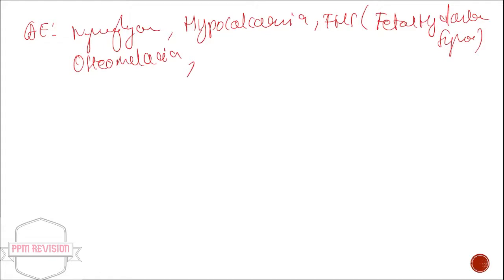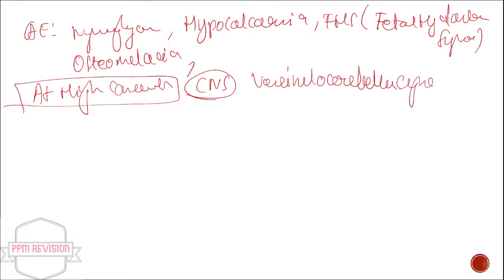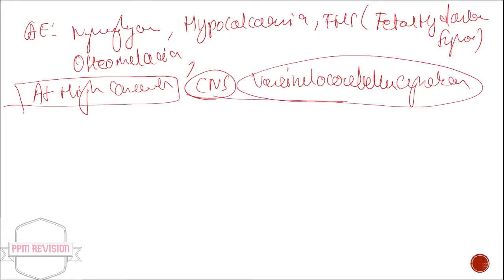Now looking at very high concentration, in case of a CNS manifestation, it can lead to vestibulocerebellar syndrome. So what is this? It mainly includes vertigo, ataxia, tremor.